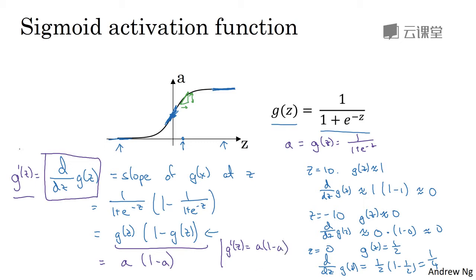That just refers to the observation that g prime, which just means the derivative, is equal to this expression. The advantage of this formula is that if you've already computed the value for a, then by using this expression, you can very quickly compute the value for the slope g prime as well. All right, so that was the sigmoid activation function.